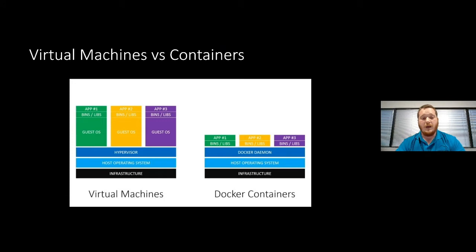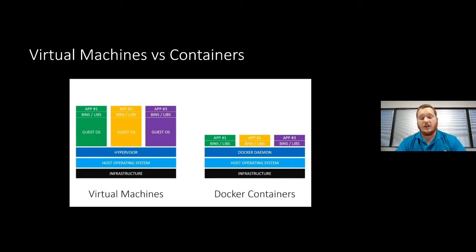Here's just a quick comparison between virtual machines and containers to see why containers are so much more lightweight and, in most use cases, better to use than virtual machines. As you can see on the left side, we have our virtual machine with the host operating system, our hypervisor running on top, and then 3 virtual machines, each running their own guest operating system and then the application on top of that.